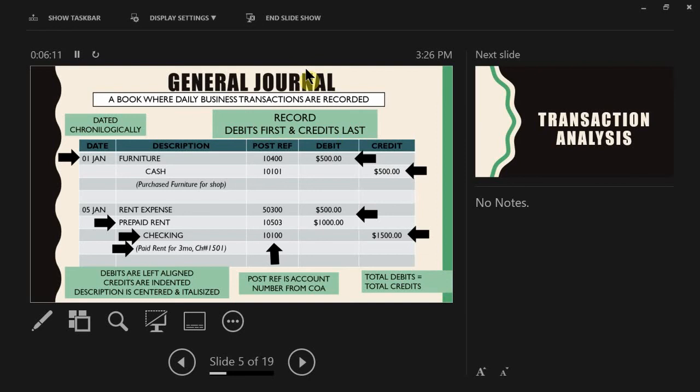Your debit accounts are always going to be left aligned. Your credit accounts will always be indented, okay? And your description, as long as it's in parentheses, you can italicize it, center it, make it smaller, whatever it is, as long as it has parentheses, that is going to be your full description of what happened in that transaction.